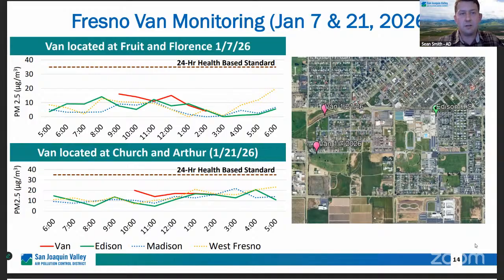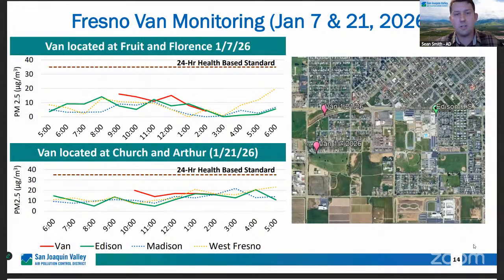In the top area where it says van located at Fruit and Florence Avenue, we noticed that the van data depicted in red is very similar to the Edison monitor and basically trended with it, and both sites were under the 24-hour health-based standard. And on the 21st, a couple weeks later, we took it to Church and Arthur, which is a little bit north of that location.